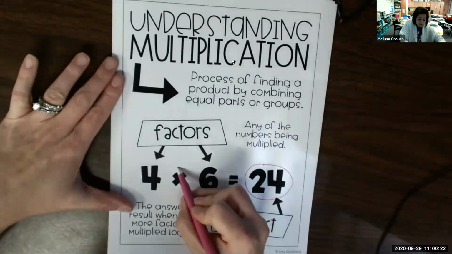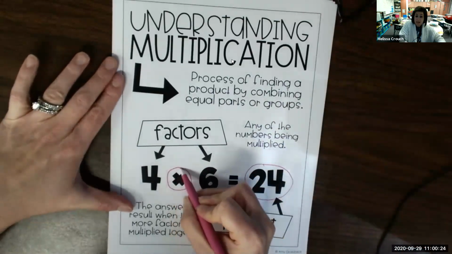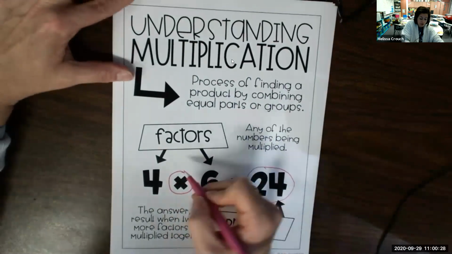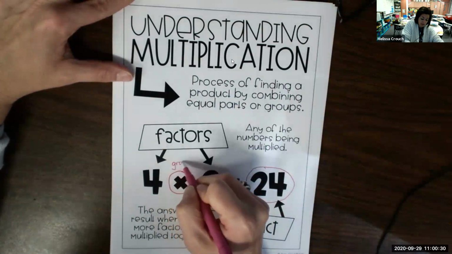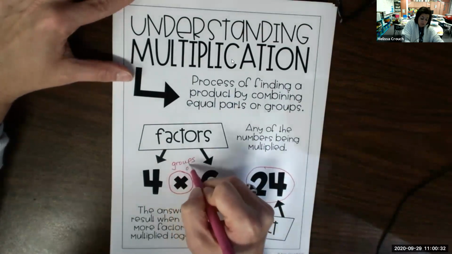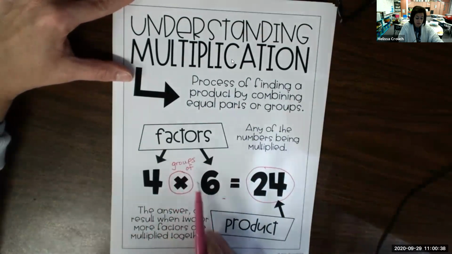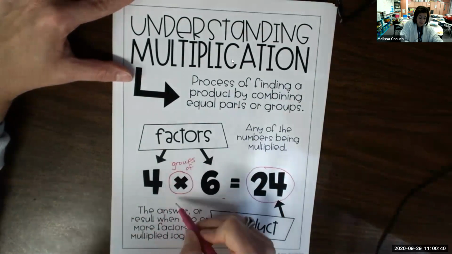Now, most people say, oh, this means times, which you're absolutely right. It does mean times. It also means groups of, okay? So I have 4 groups of 6. So it can be times, but it also means groups of.